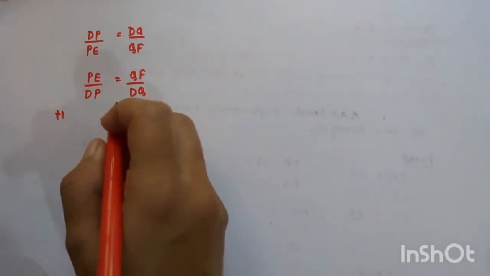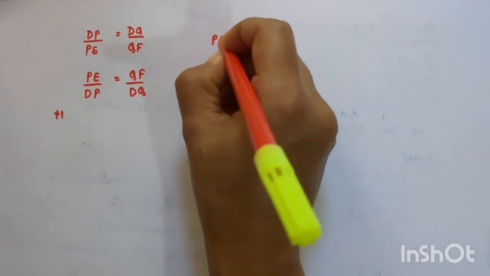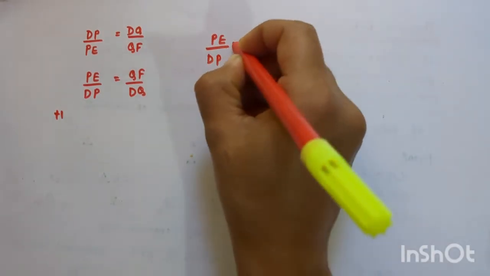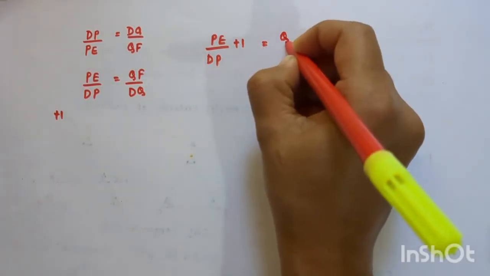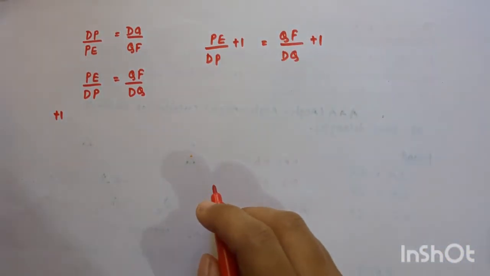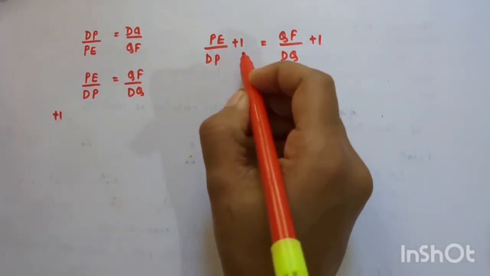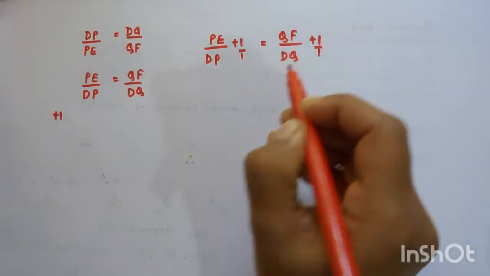When we add plus 1 to both sides, it becomes PE by DP plus 1 is equal to QF by DQ plus 1. Now I am just doing the cross multiplication. 1 means 1 by 1, here also 1 by 1.